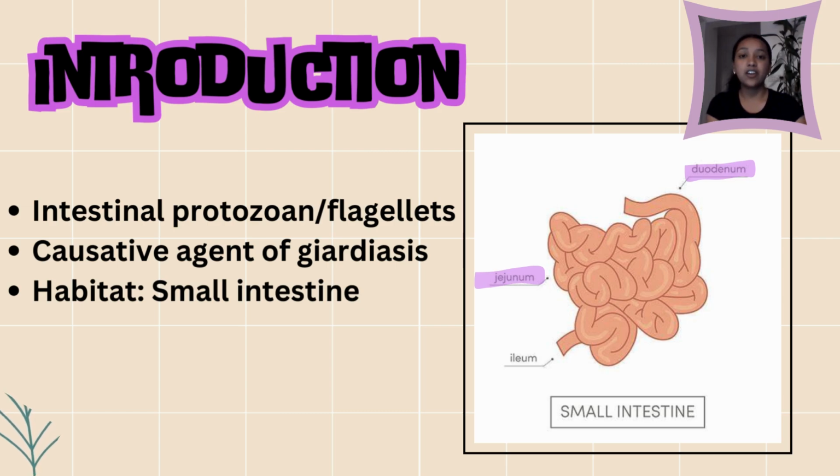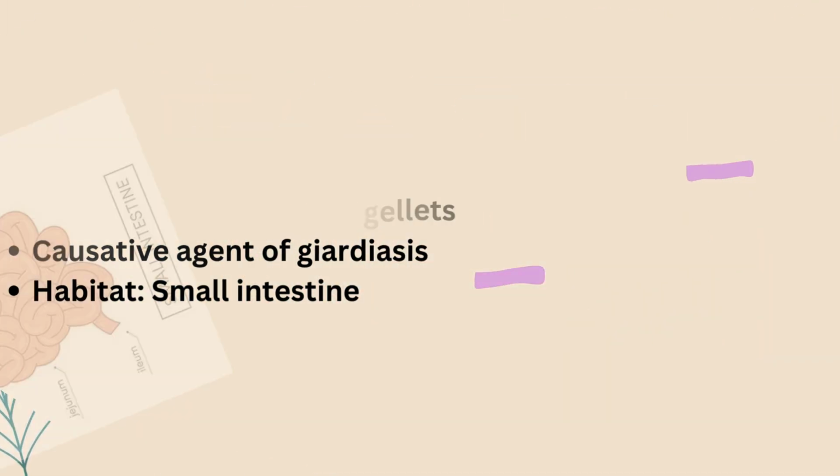Moving on, it causes an enteric infection in the gastrointestinal tract, mainly the small intestine, known as giardiasis. Upon the site of infection, the place where it matures and divides itself, it's in the small intestine, particularly the duodenum and upper part of the jejunum.